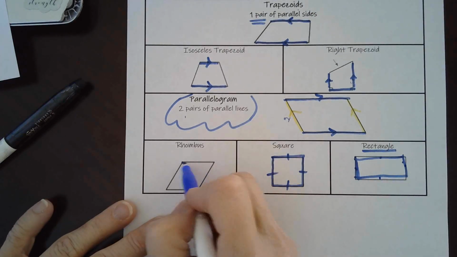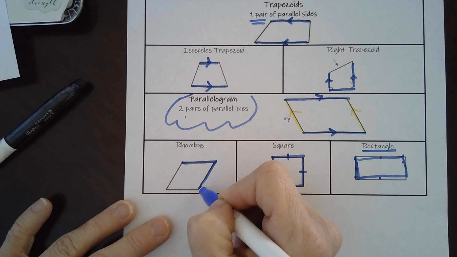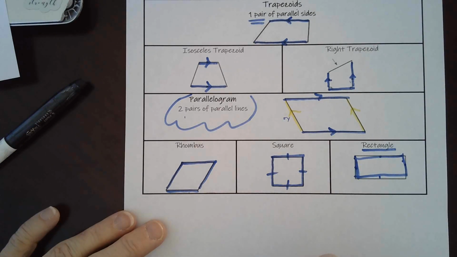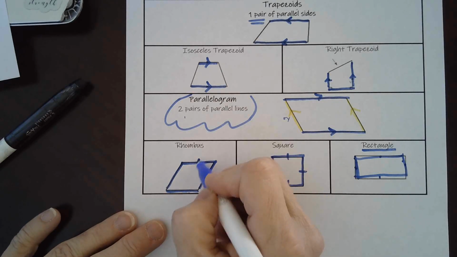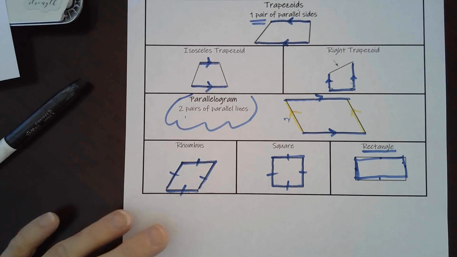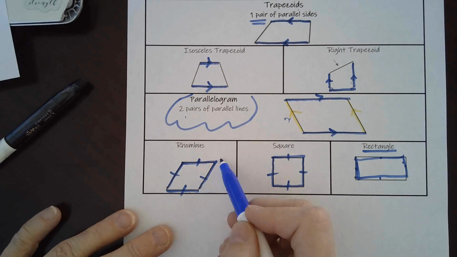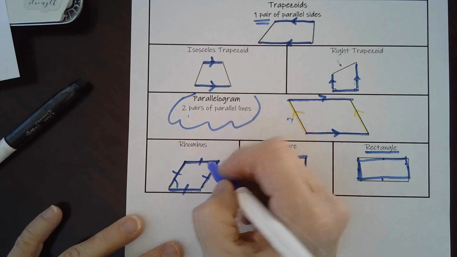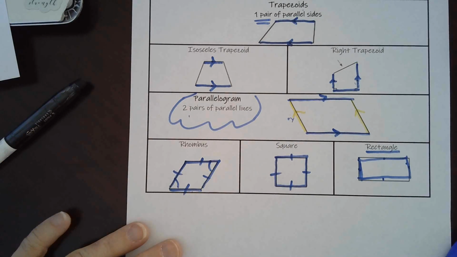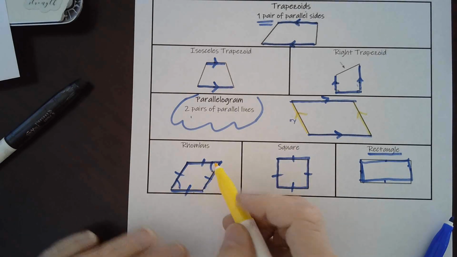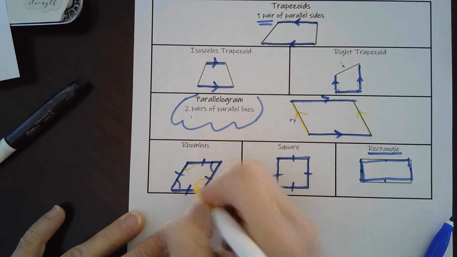And you have a rhombus, which is a four-sided figure with two pairs of parallel sides and all sides congruent, but the four angles are not the same, though opposite angles are congruent. So these two angles are congruent and these two angles are congruent.